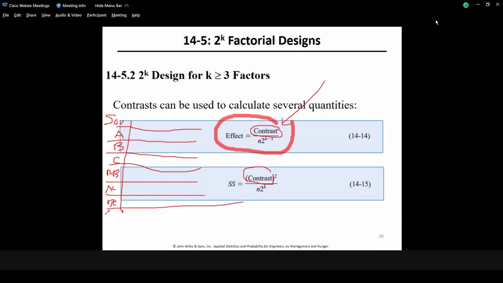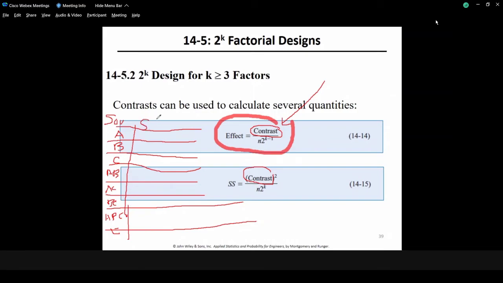And then you have ABC, the three-factor interaction, and then finally you have error and total.